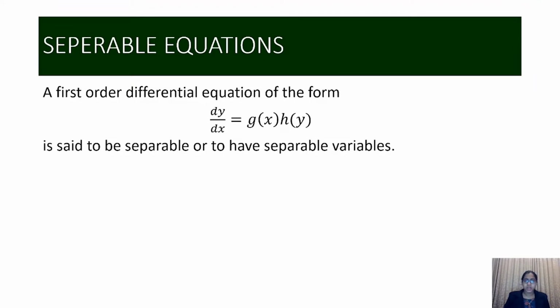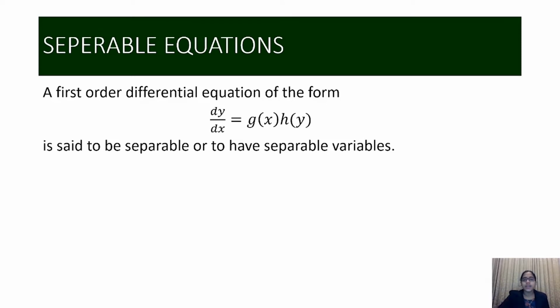So, let's see. This is the definition: a first order differential equation of the form dy by dx equal to g of x into h of y is said to be separable or to have separable variables. The word itself suggests, separable, that is we can separate into two or more.